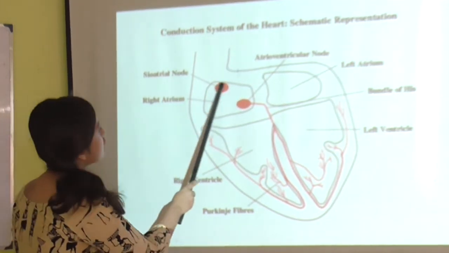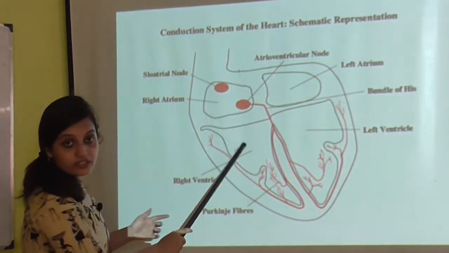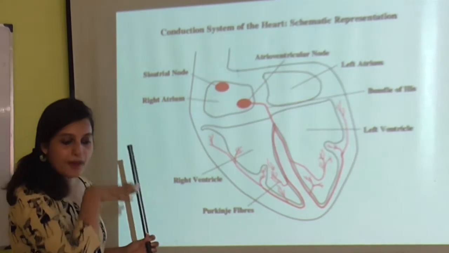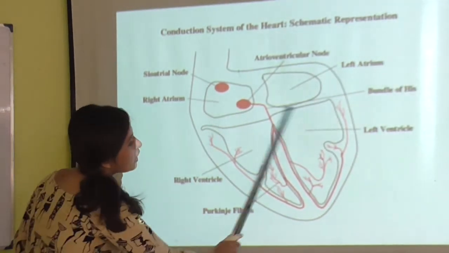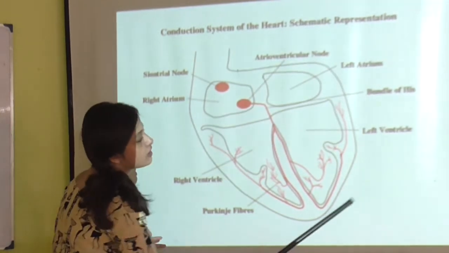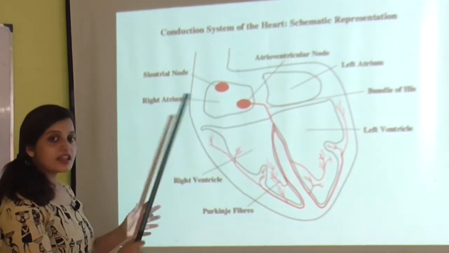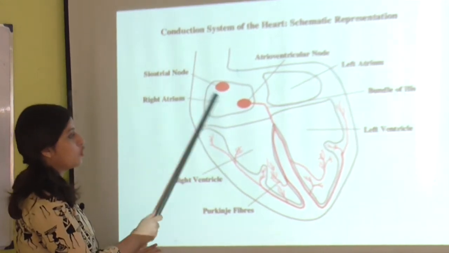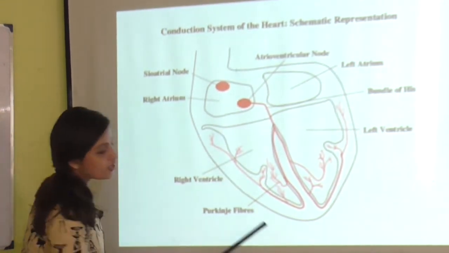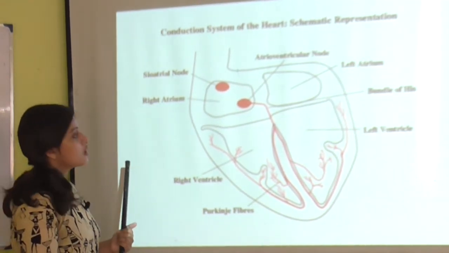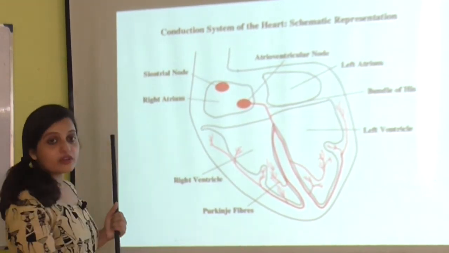What happens after the SA node gives the electric impulse? The AV node will pass the impulse to the lower chambers of the heart, that is the ventricles. The AV node will pass the impulse generated by the SA node to the ventricular part of the heart. So these are two terms which you need to know.